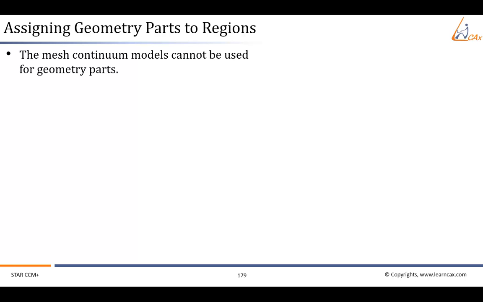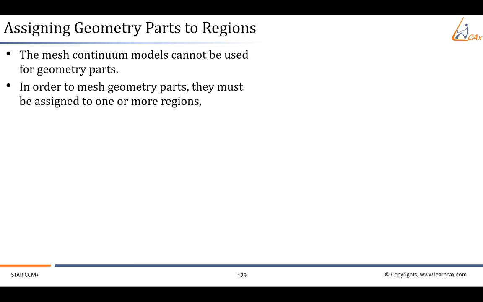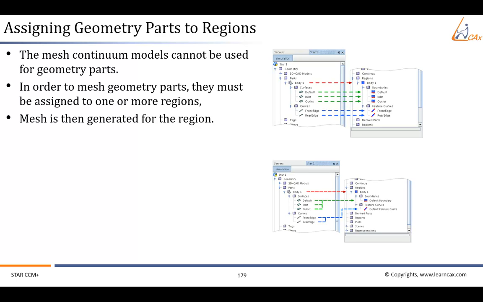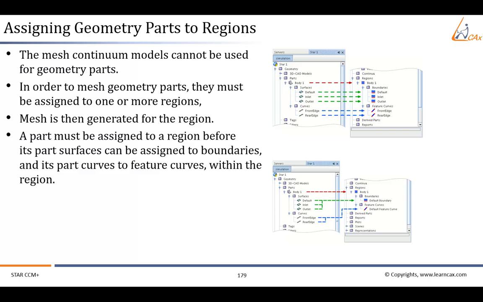The mesh continuum models cannot be used for geometry parts. In order to mesh geometry parts, they must be assigned to one or more regions, and the mesh is then generated for the region. This diagram illustrates the relationship between objects in the part tree and the ones in the region tree. A part must be assigned to a region.